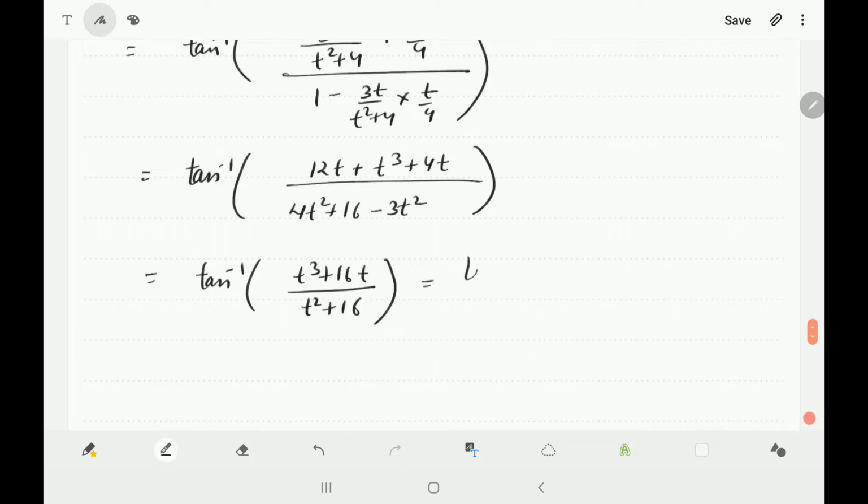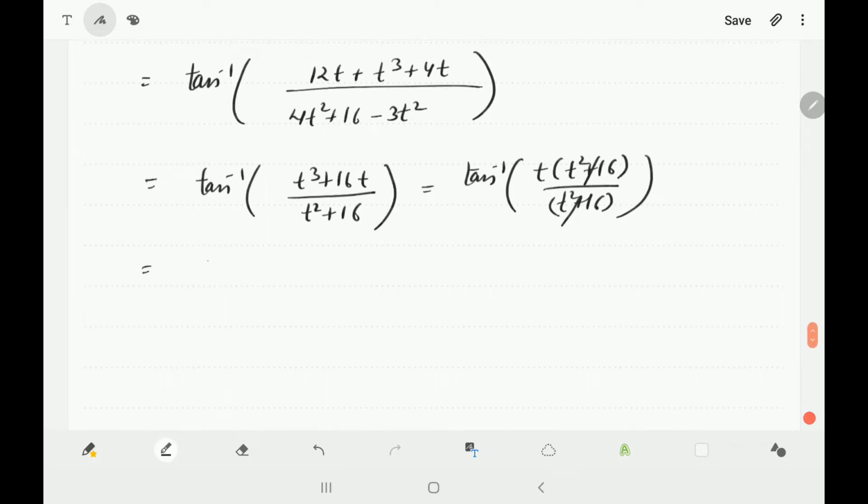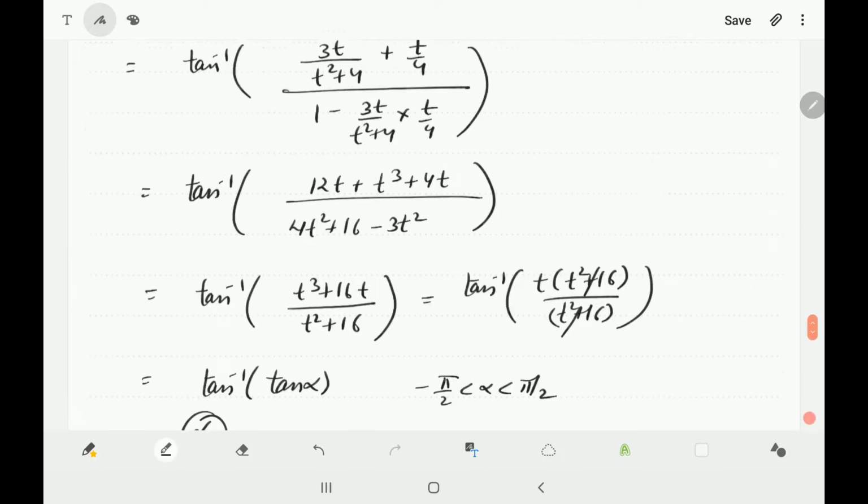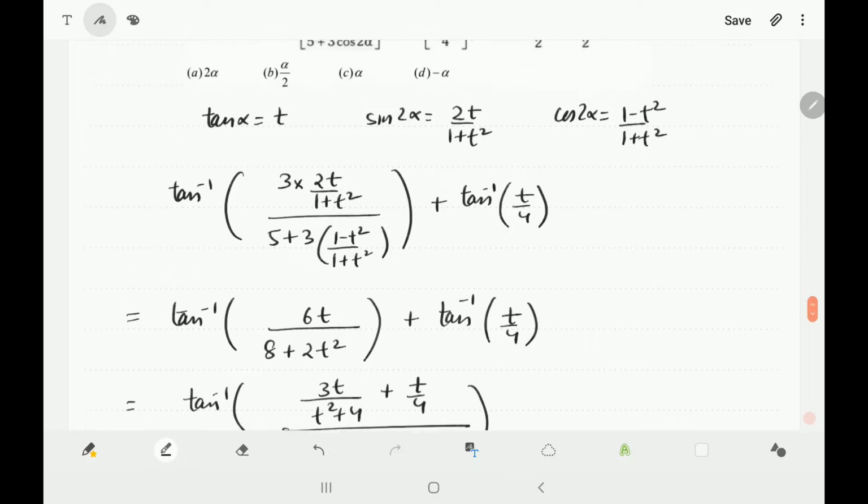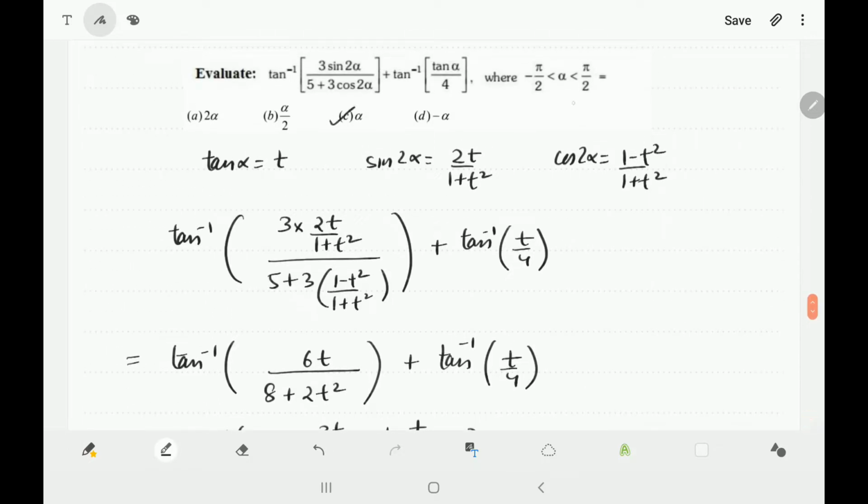If you see carefully, t is common in the numerator, and t square plus 16 will cancel out. So we are left with tan inverse of t, which is tan inverse of tan alpha, and alpha is already given in the problem as minus pi by 2 to pi by 2, which is in the principal value branch, and hence the answer for this problem will be alpha. Let's see which option it is. It is option C. So the answer for this problem is option C.